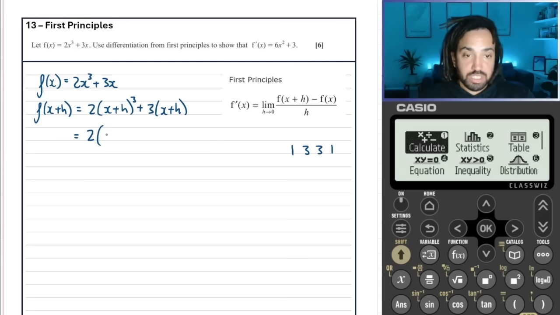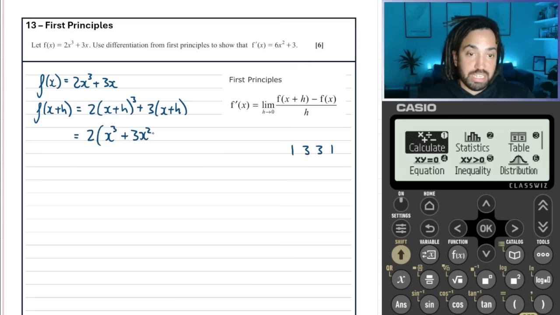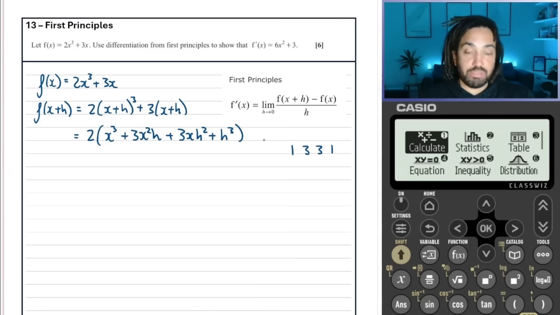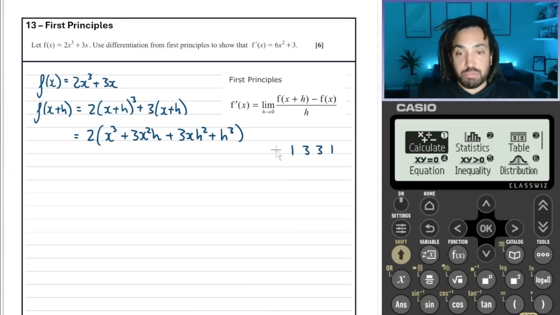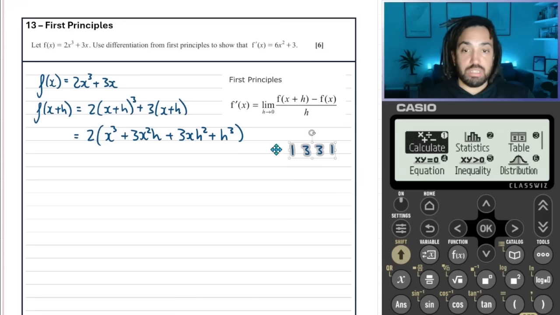And the x's are going to start cubed, and the h's will start with h to the 0. And then we'll have the 3, and then we'll have x squared, and then h to the 1. Then we'll have the 3 again, and we'll have x to the 1 and h squared. And then the final one will have a coefficient of 1, and the x's will be to the power 0, and the h's will be to the power 3. Okay, there we go. That's probably saved us a little bit of time.